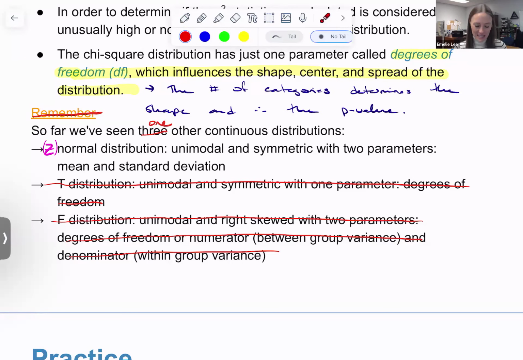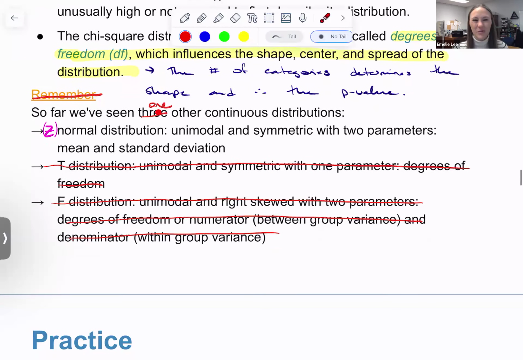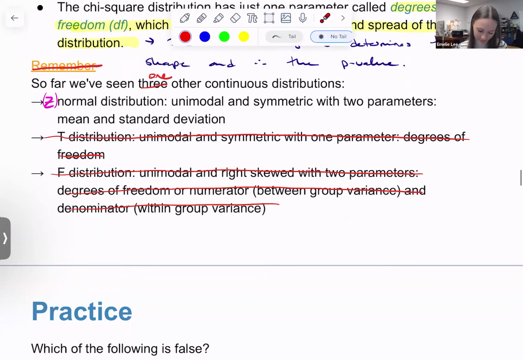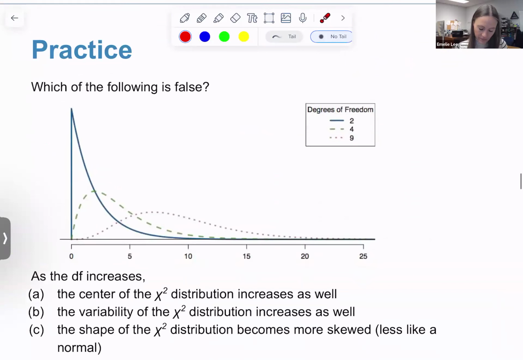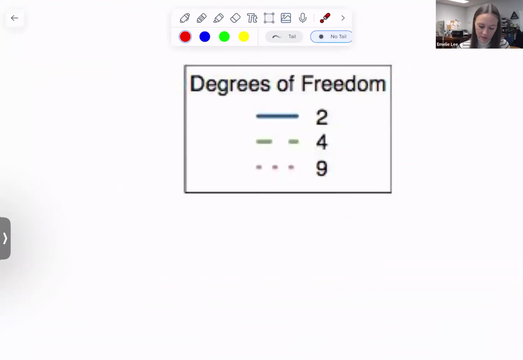So let's see here. It also gives us a nice overview of where we're headed. These distributions are all chi-squared, with different degrees of freedom: 2 degrees of freedom, 4 degrees of freedom, and 9 degrees of freedom.